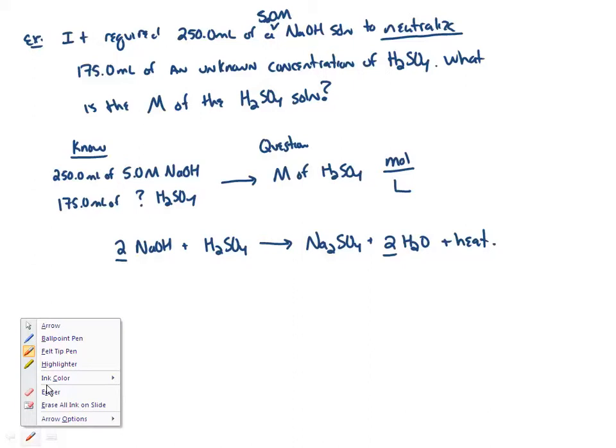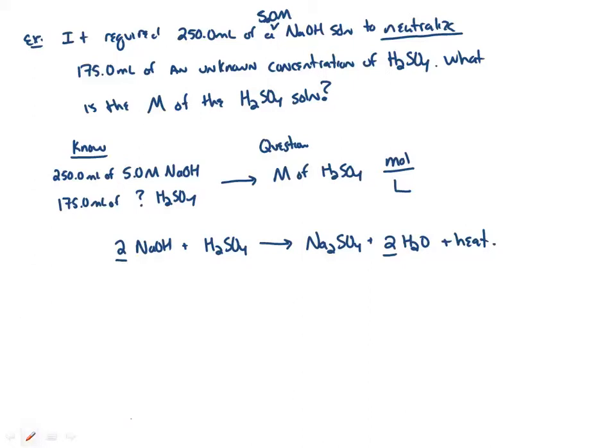Okay, so how do you think we start this problem? Well, I need two pieces of information to start it. I've got three pieces of information because I've got 250, 5 molar, and 175. So notice that if I take the 175 milliliters, I should be able to convert that to liters, since that's literally how much water the H2SO4 was dissolved in.